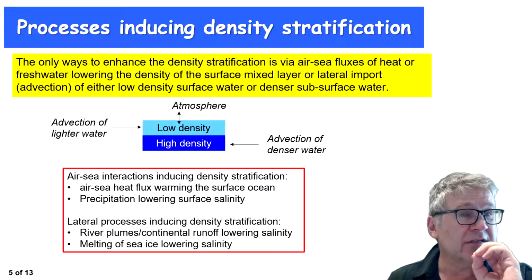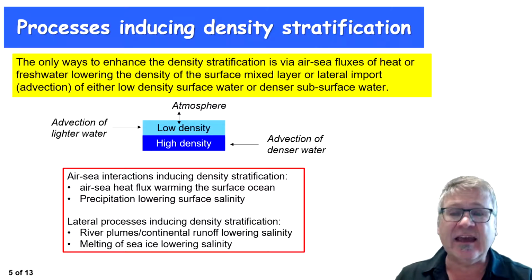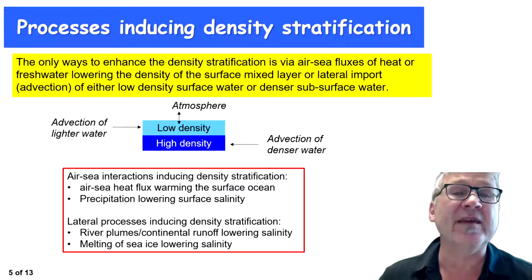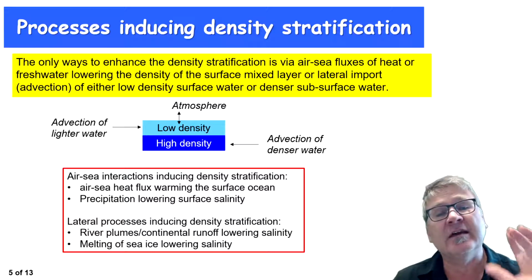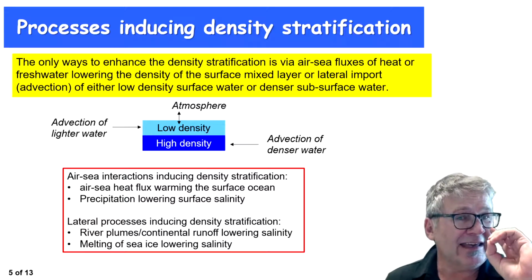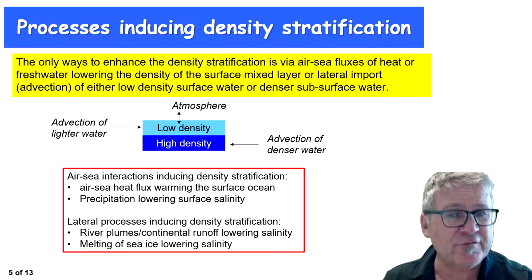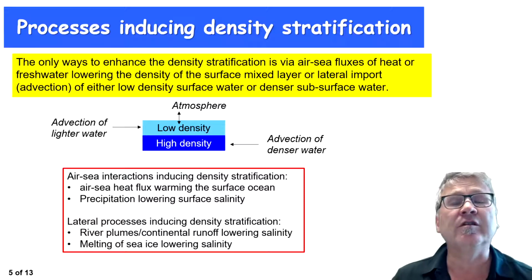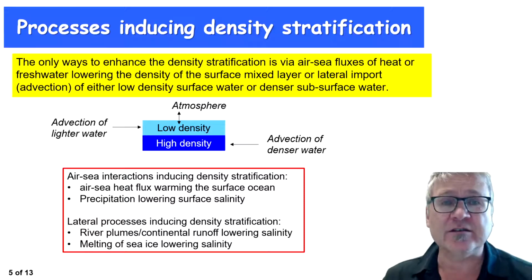This is facilitated through the surface mix layer, and the thickness of this layer plays a big role because the heat flux that you have at the surface is distributed over the thickness of the mix layer.